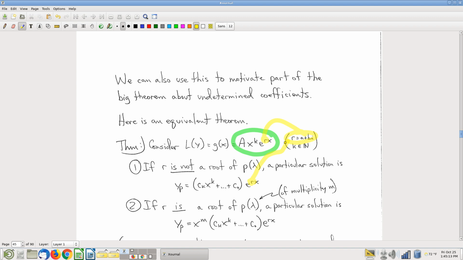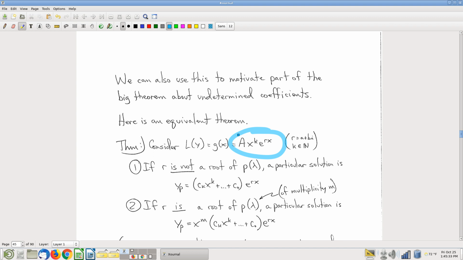So it's less convenient in some sense to work with, but what's nice about this version of the theorem is that it's easier to work with in terms of proving things. It's easier to prove this theorem because the form is exponentials, and there are no sines and cosines to mess things up in some sense.